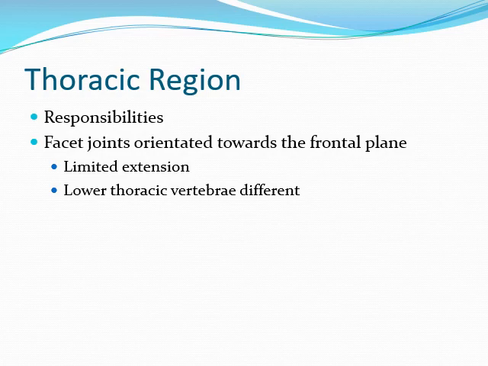So again, take a look at some pictures, illustrations and models that can delineate this, and you can see a little bit more as far as how that takes place, because this is really important when you're thinking about movement at the spine and what it means as far as those facet joints to have the orientations that they have.